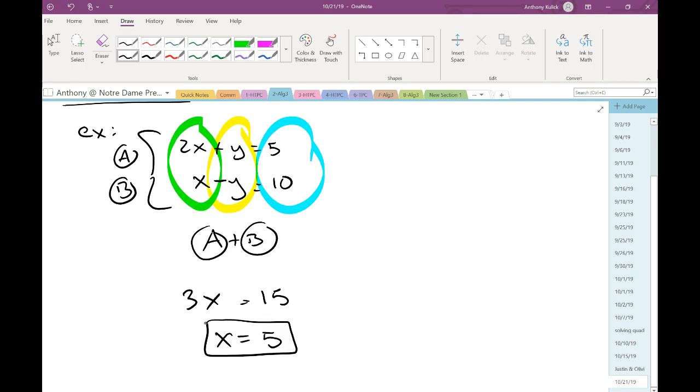If I substitute 5 back into either equation A or equation B, I can then solve for y, correct? Does it matter which one I plug it into?